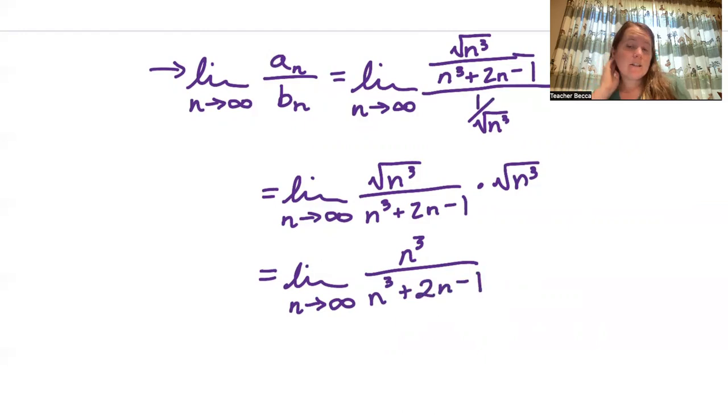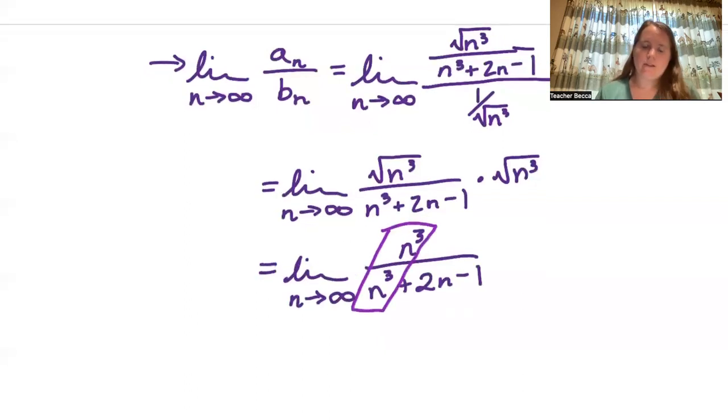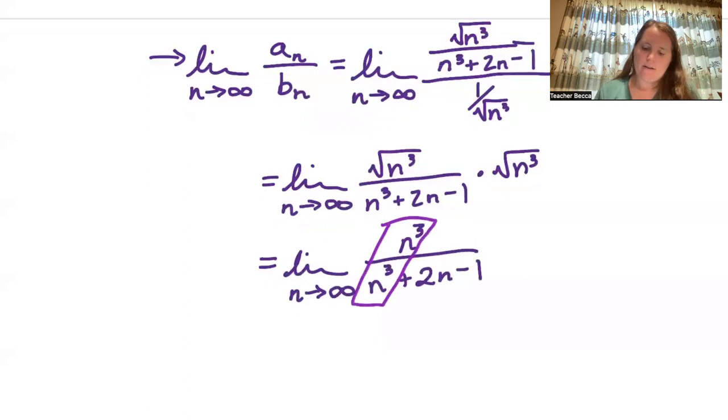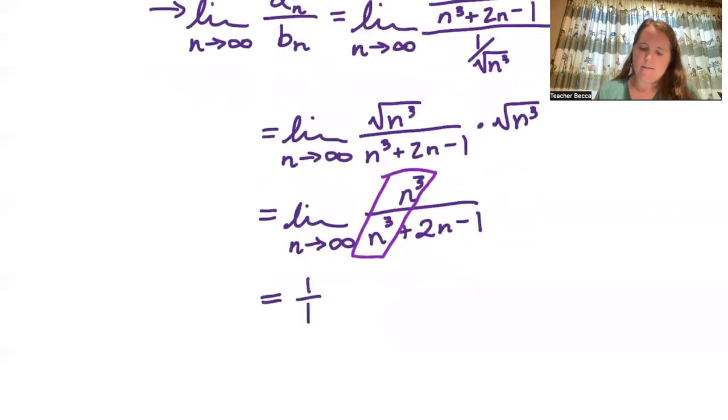These have matching degree, so we can just take the leading coefficients. So this limit just goes to 1 over 1, otherwise known as 1. Again, this is positive and existing. So we have equivalency.